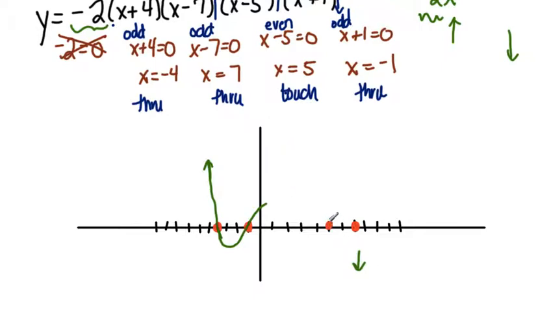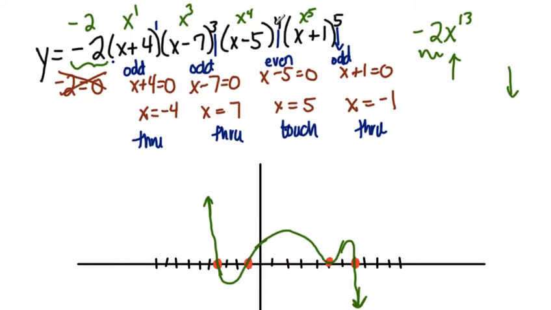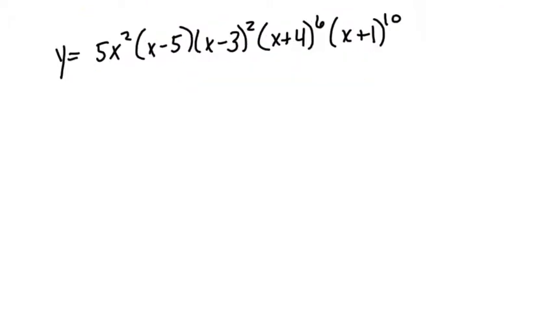At 5, I'm going to touch it. And then at 7, I'm going to go through it. And that's how you would do that one. Again, the through and the touches come from the exponents of the parentheses, and then these come out to give me the end behavior.